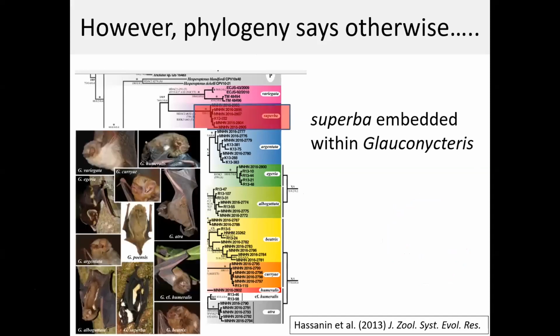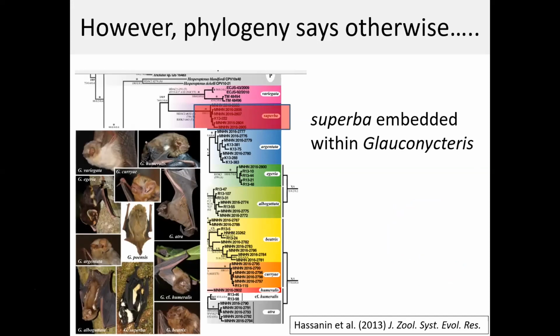All I want you to notice is that the red box I've highlighted here is where Glauconycterus superba lies. And what I want you to notice is that it is embedded within the tree of Glauconycterus.